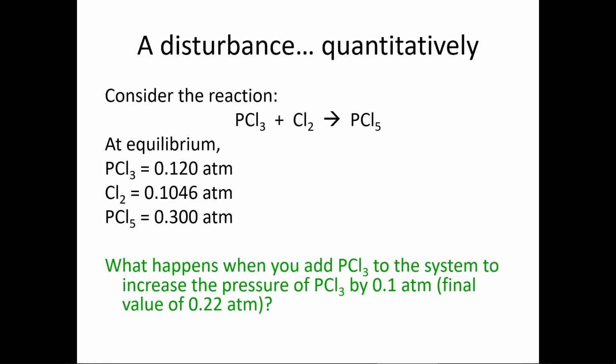Alright? So this means my reaction is going to have to go toward product formation to reach equilibrium. Or that means I have to use up some of the excess PCl3 to make more PCl5. When I do this, not only do I have to use up PCl3, I have to use up some of the Cl2 to make my product.